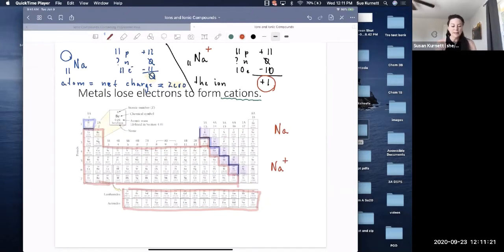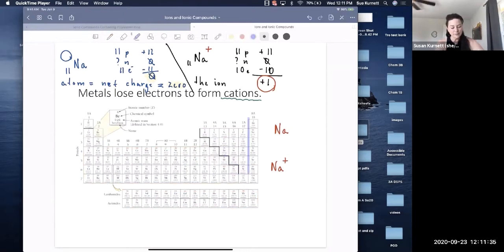Why does that happen? The answer is because there's really something special about having 10 electrons. Noble gases are super stable. And the reason they're stable is because the number of electrons they have are sort of perfect numbers. And that has to do with electron configurations, which we'll talk about in a different chapter. But for now, all we need to know is there's something really special about 2, 10, 18, 36, 54, and even 86 electrons.